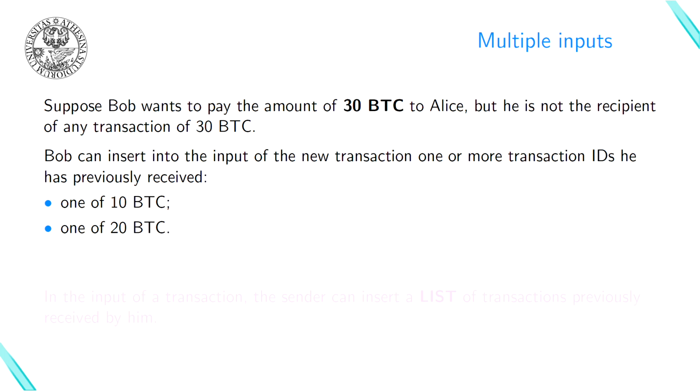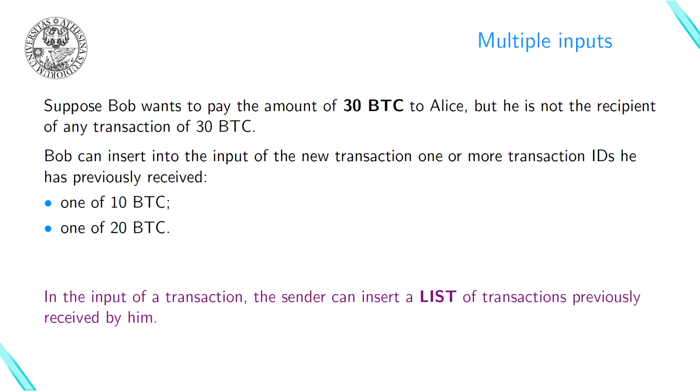For example, one when he received 10 bitcoins and another when he received 20 bitcoins. In other words, the sender can insert a list of transactions he previously received in the input of the new transaction in order to reach the amount of bitcoins he needs for the payment.